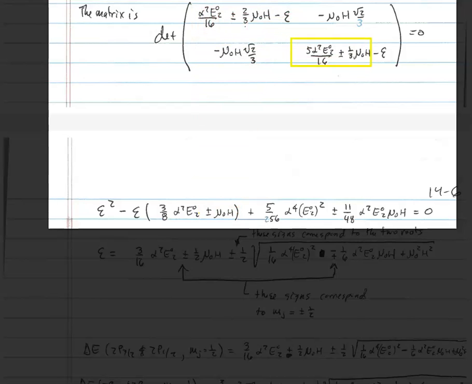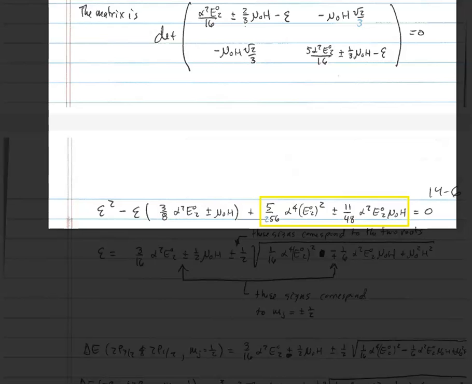So I have to multiply out those diagonal terms. I'll get a 5 alpha to the 4th E0 2 squared divided by 256. I will get a plus or minus 11 over 48 alpha squared E0 2 mu 0 H. And then when we look at the terms that involve the H squared, I'm going to get a plus 2/9 mu 0 squared H squared, but then I'm going to get minus the product of the off-diagonal terms.